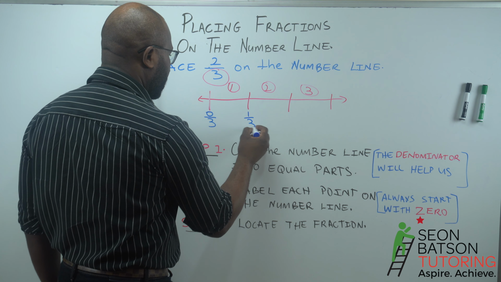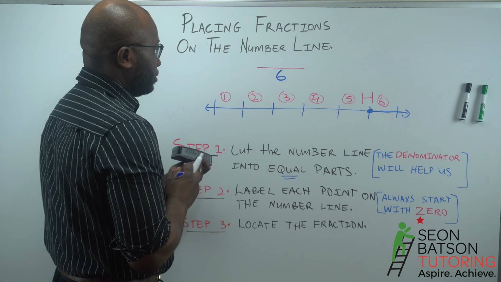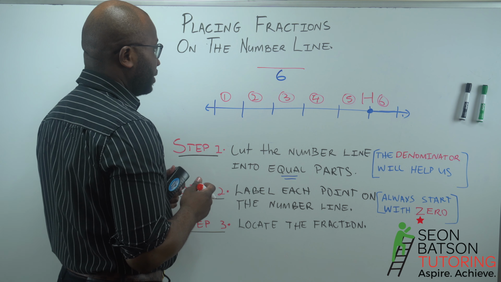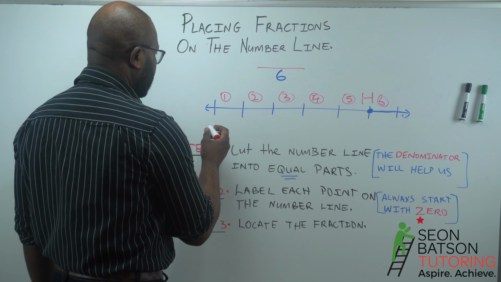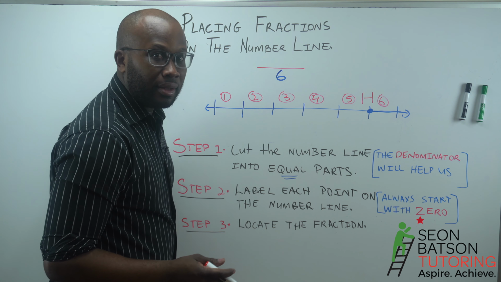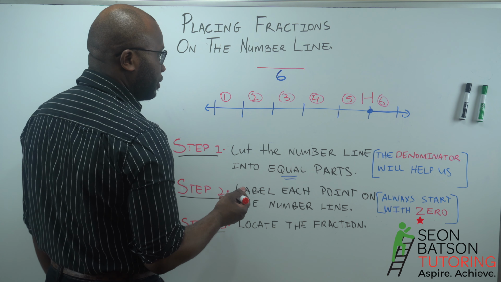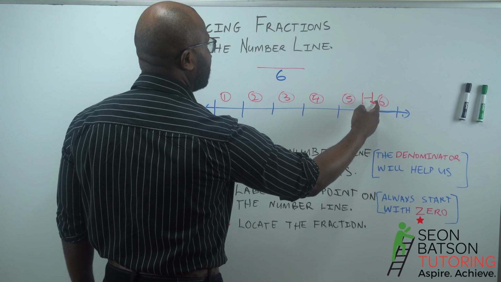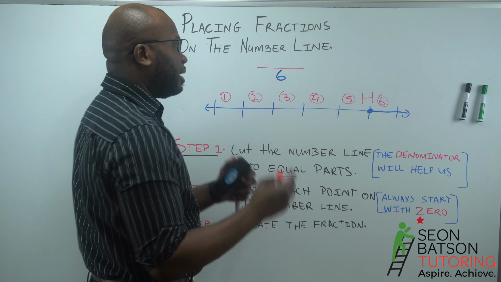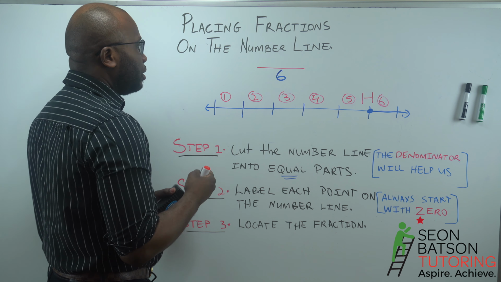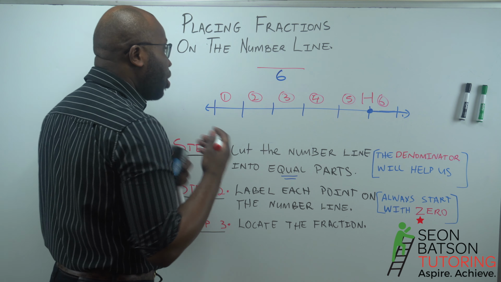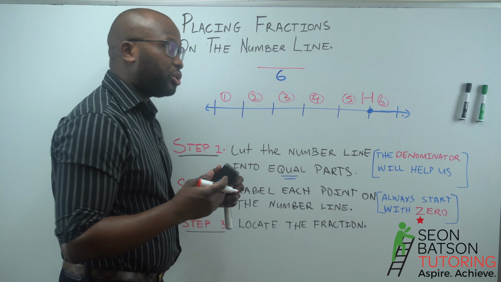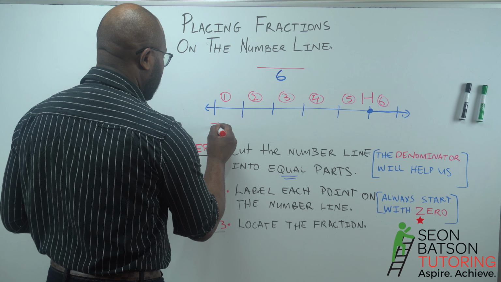Now, how are we going to find the numerator? All we have to do is label each point on the number line. Remember, we always start with 0. But it's important that you find the denominator first, because the denominator will tell you how the points on the number line should look. The denominator should be 6.